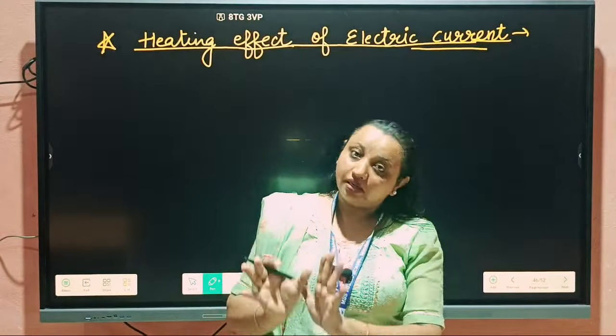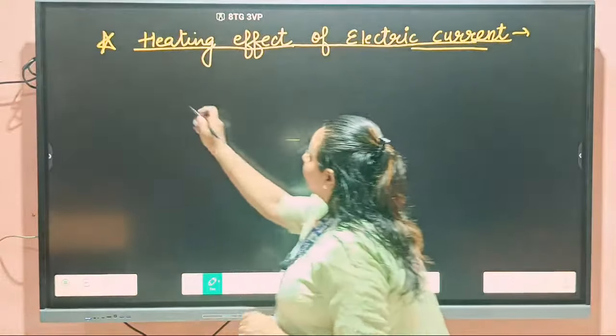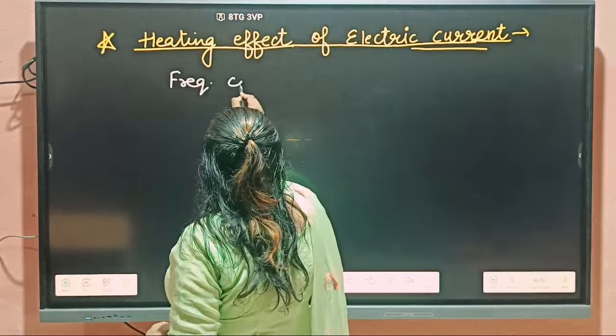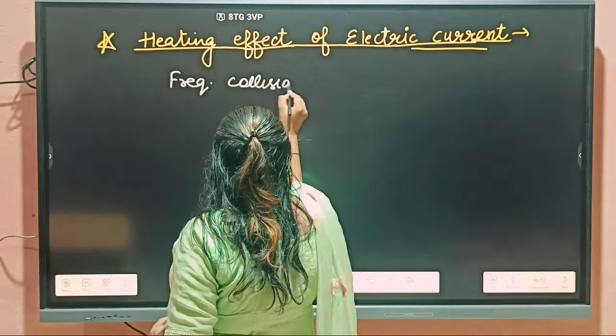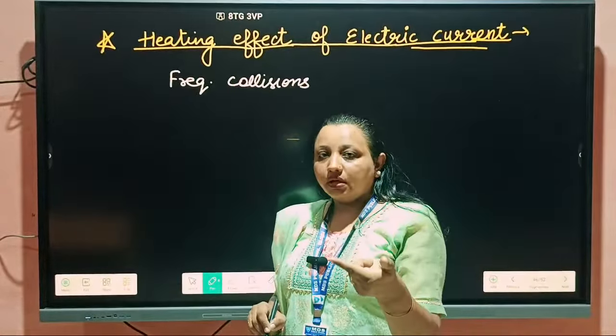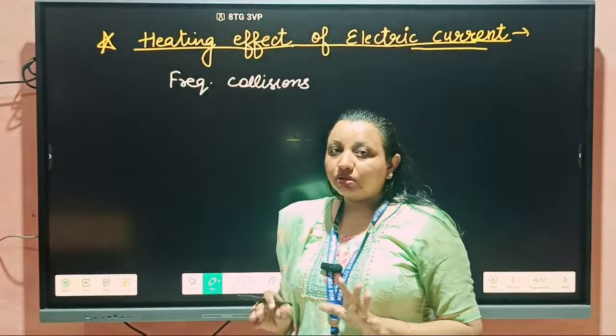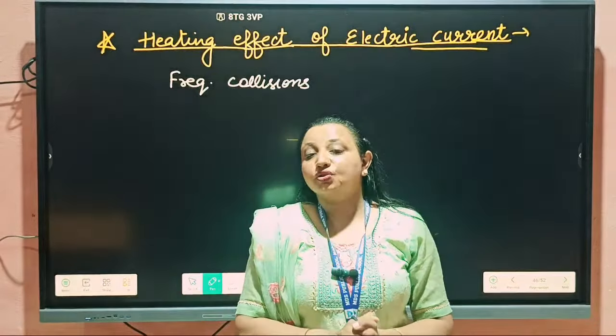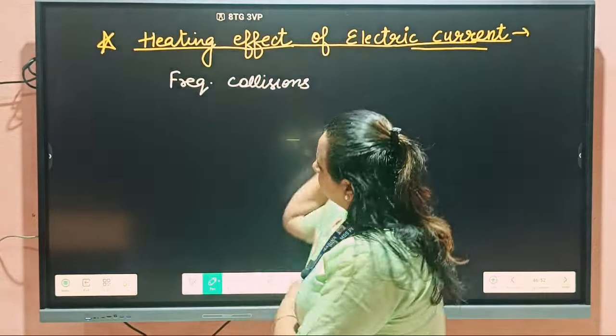We have discussed it earlier, right? So due to the frequent collisions, kinetic energy is converted into heat energy. So that conductor produces heating energy. That effect is known as heating effect of electric current.